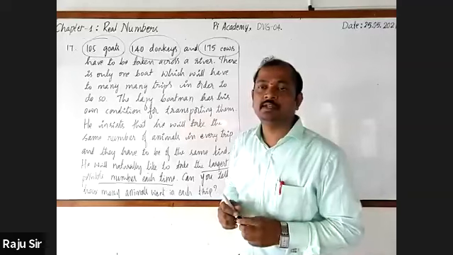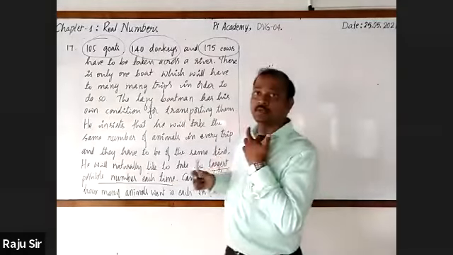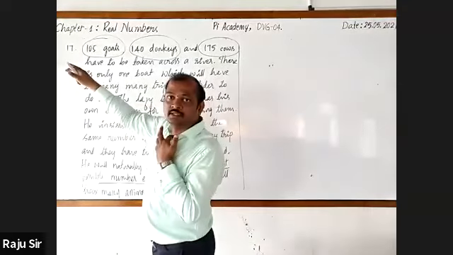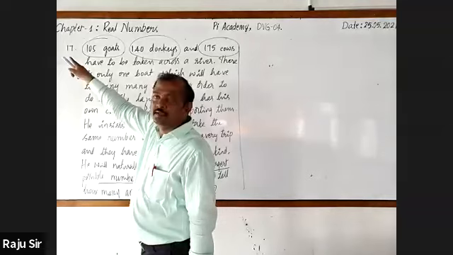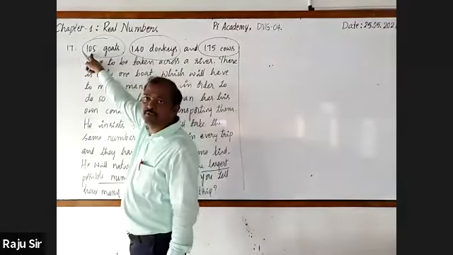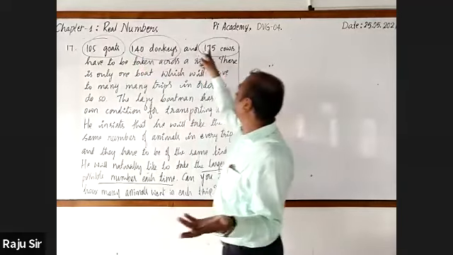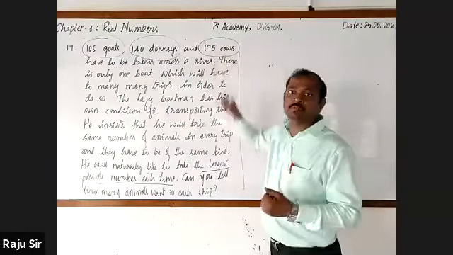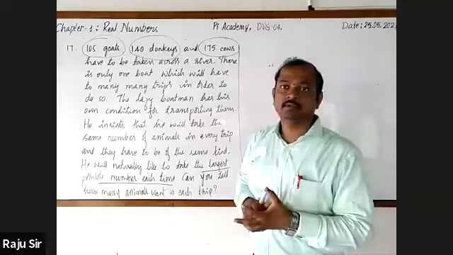Some of you are already telling the answer. 35, sir. 35. Very good. 30 won't come. Sudarshan, observe here. HCF of these three numbers. 105 is divisible by 35. 140 is divisible by 35. 175 is also divisible by 35.